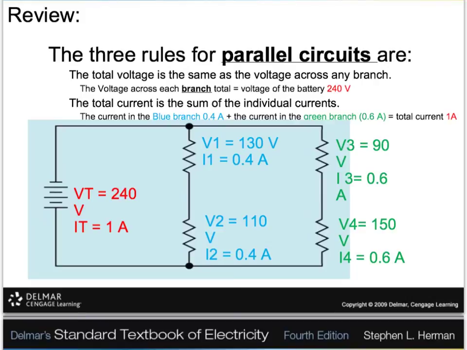And for parallel circuits, our voltages are the same. So the voltage across this branch was 240, 240, and that equals the 240 from the battery. But the current splits up. So our 0.4 amps through here and our 0.6 amps here add up to the 1 amp coming out of the battery.